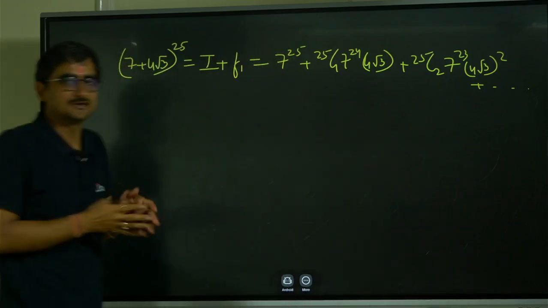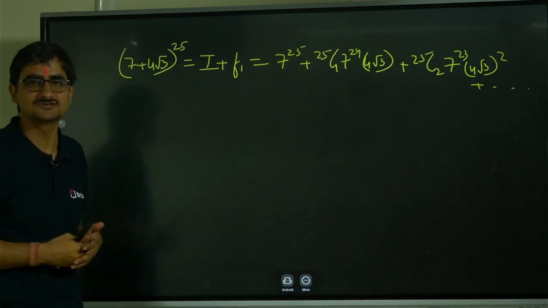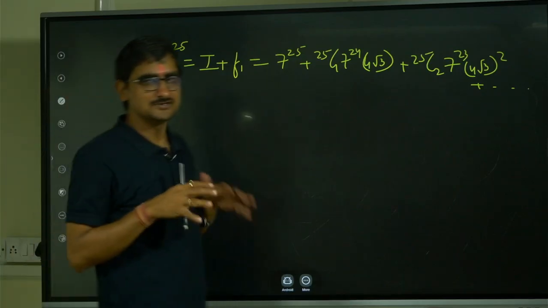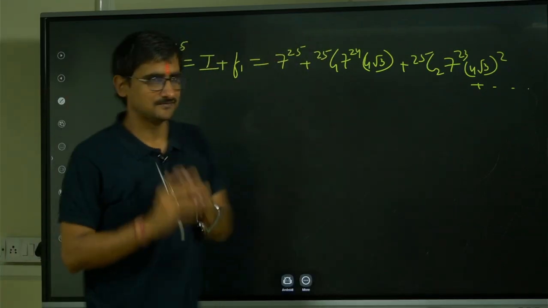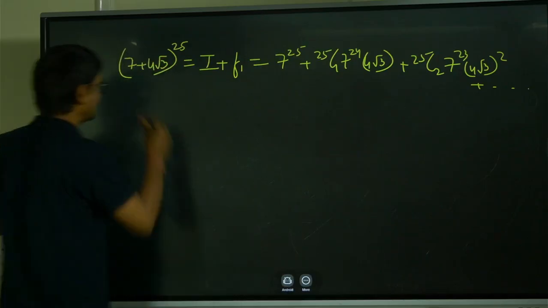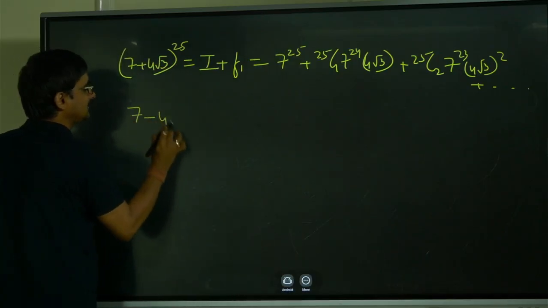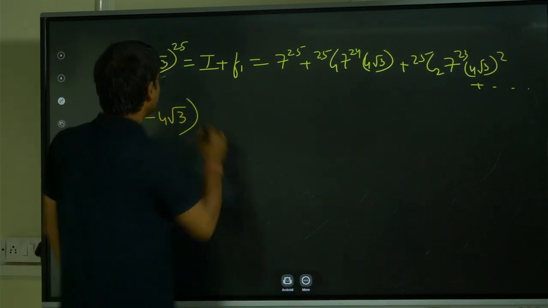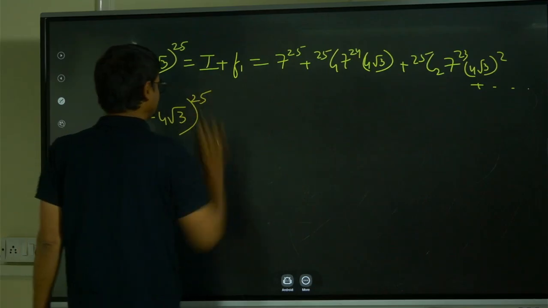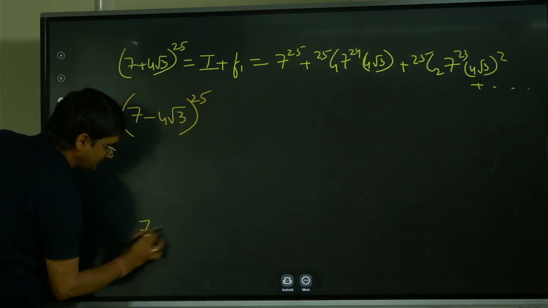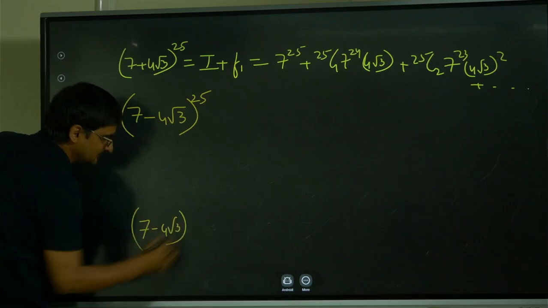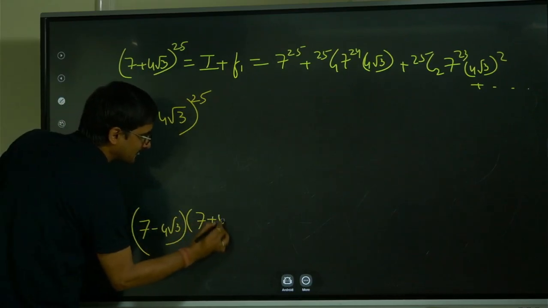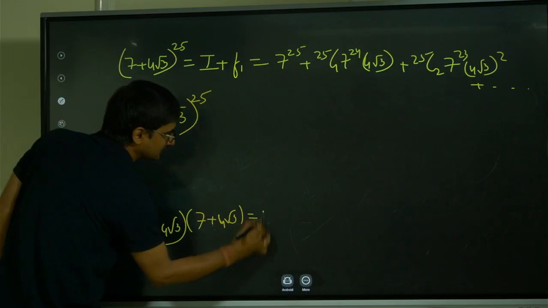Though conjugate would be p minus root q, we have to ensure that it remains positive. Here the usual thing is 49 minus 48. The interesting thing is, bachcho, 7 minus 4 root 3 into 7 plus 4 root 3 is equal to 1.